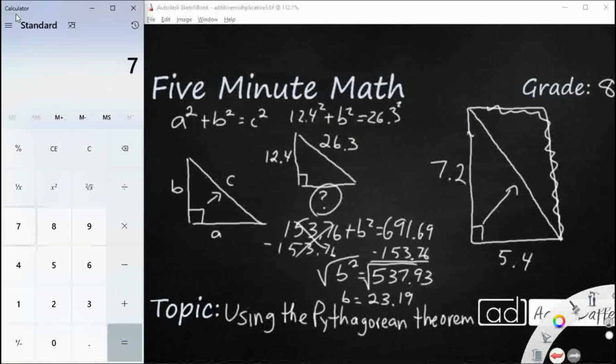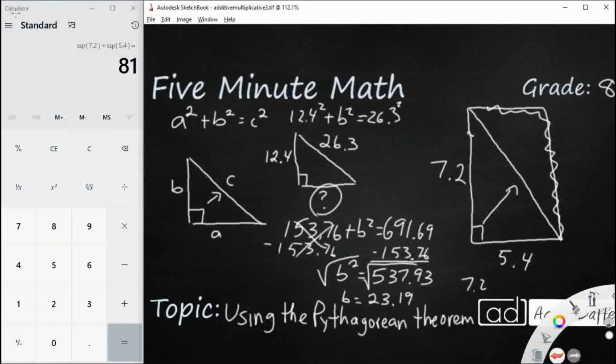First we need to take our 7.2 and square it. That's 51.84. You know what? We can go ahead and add 5.4 squared. And both of those together actually make 81.